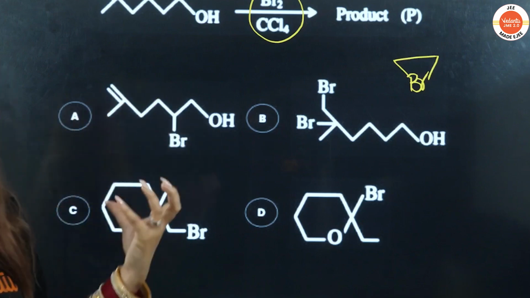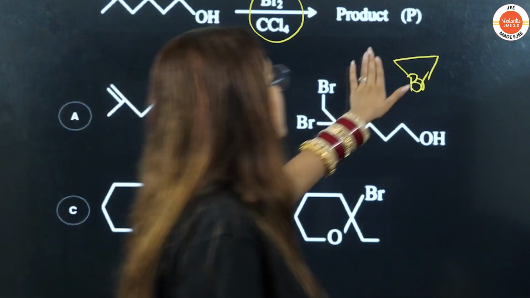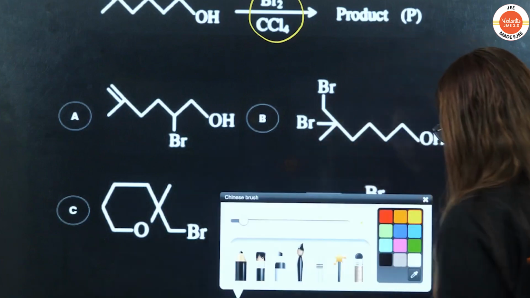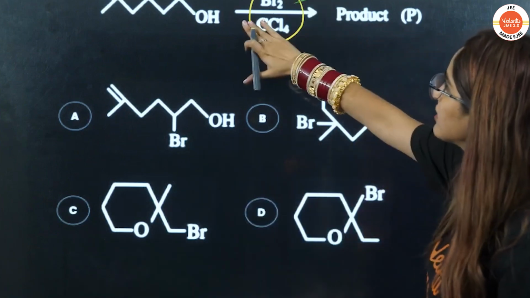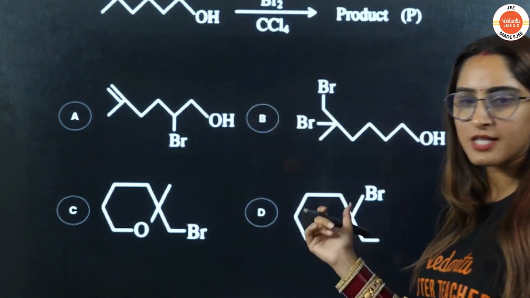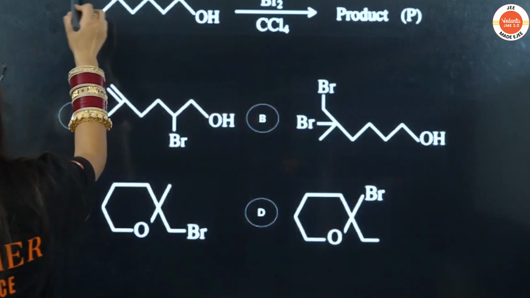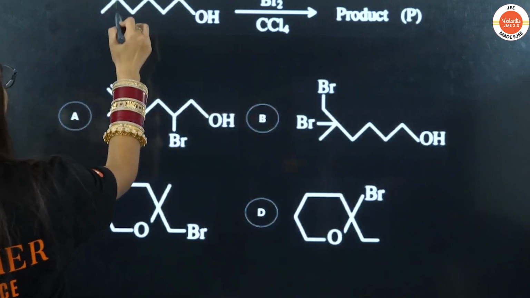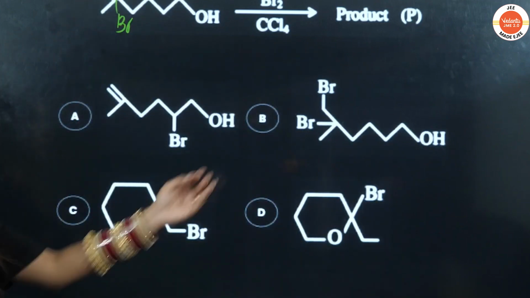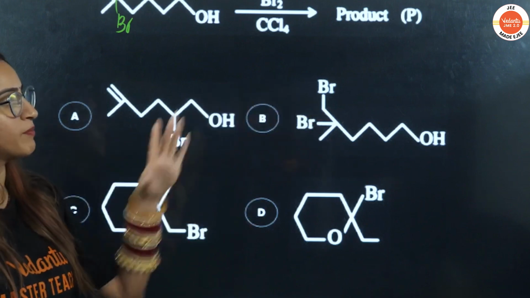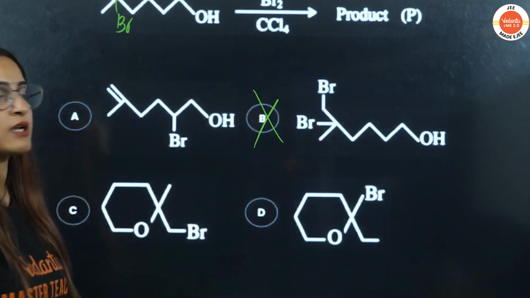Basically a cyclic intermediate is formed here. Now, why is this question very interesting? Because what we will think is that this pi bond will break and here you will have Br and Br. But this is not the correct answer.